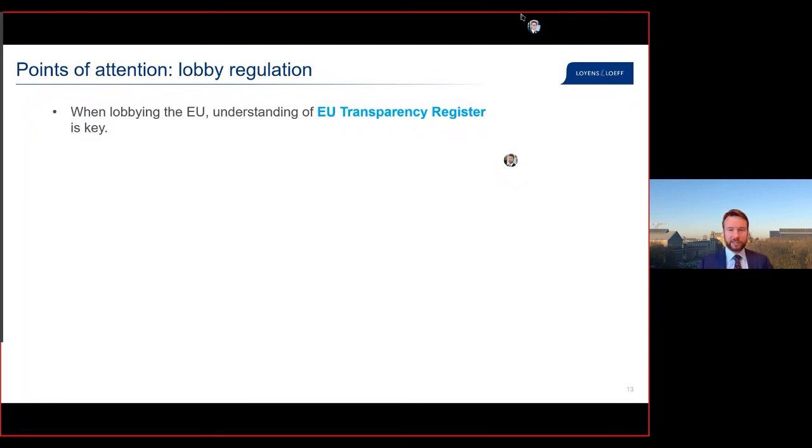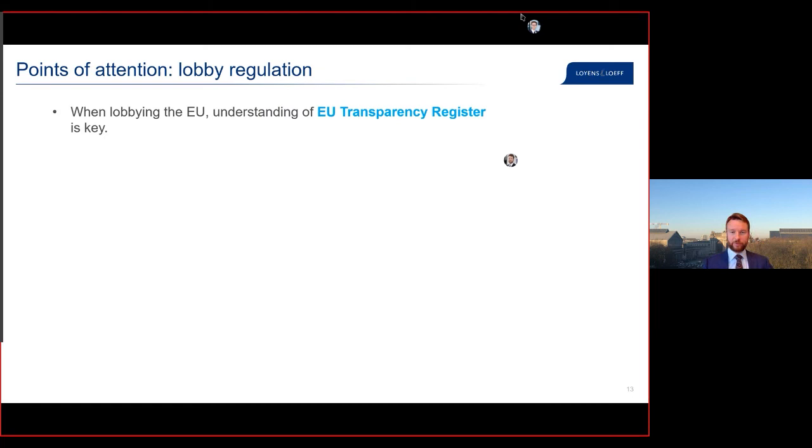In the first years of its existence, it wasn't that successful. However, things changed with the previous European Commission, because they imposed a number of new rules. Top Commission officials could no longer meet with unregistered lobbyists or unregistered entities.